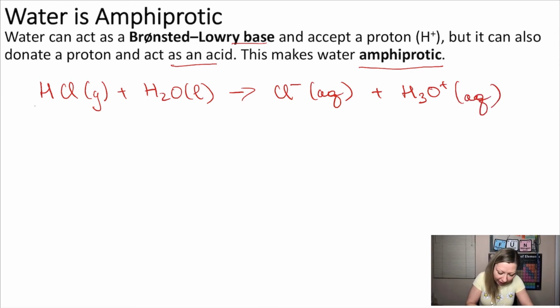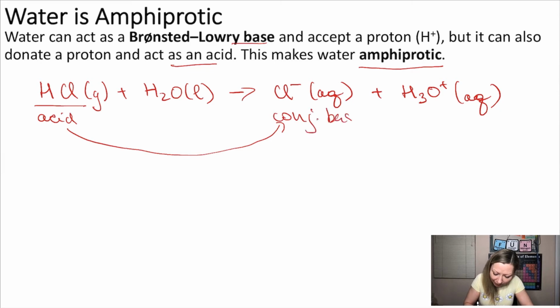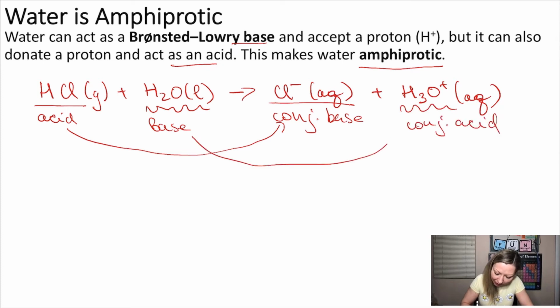Here, HCl is our acid forming a conjugate base, Cl-, or chloride ions, and water is going to be the base forming a conjugate acid. So here water acts as a base.